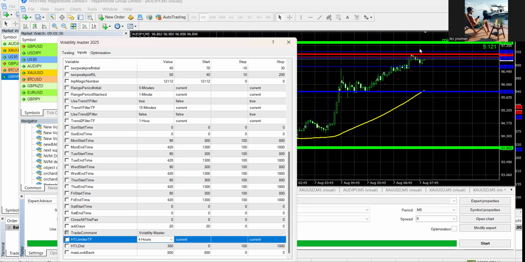So the software is not going to open up any stacked trades. It could still have an initial trade open, but it's not going to open any more stacked trades in this danger zone, simply because there is a higher risk of that trade losing money.